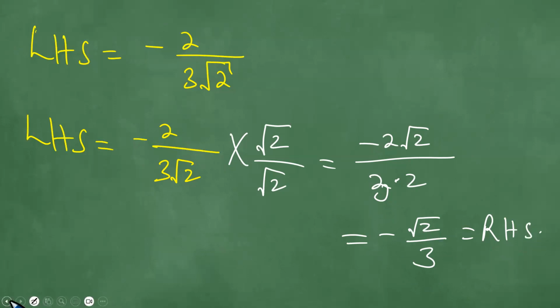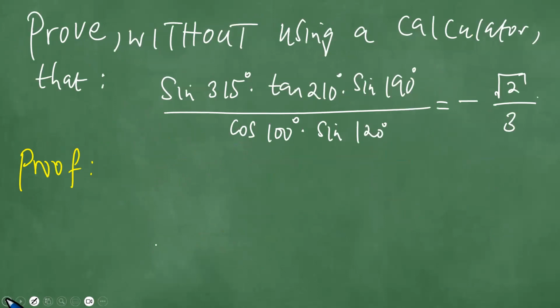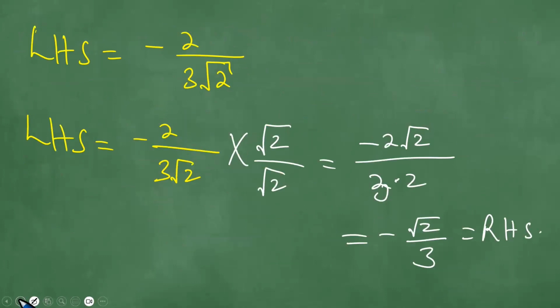Because remember, we had to prove that this is minus the square root of 2 out of 3. And so we went on to prove this.